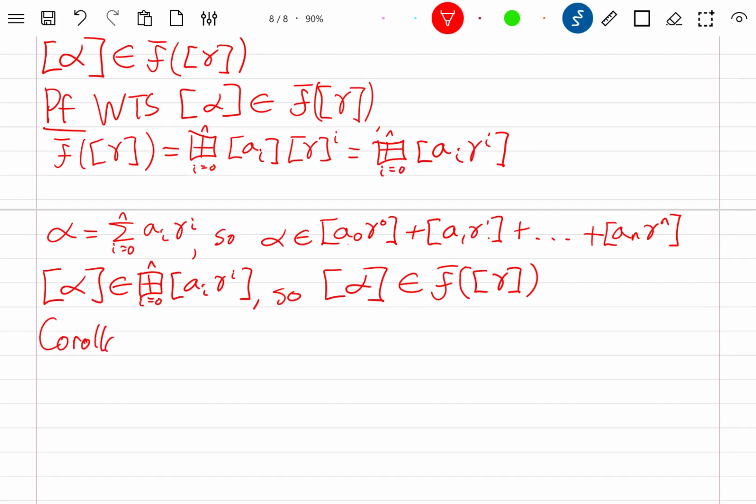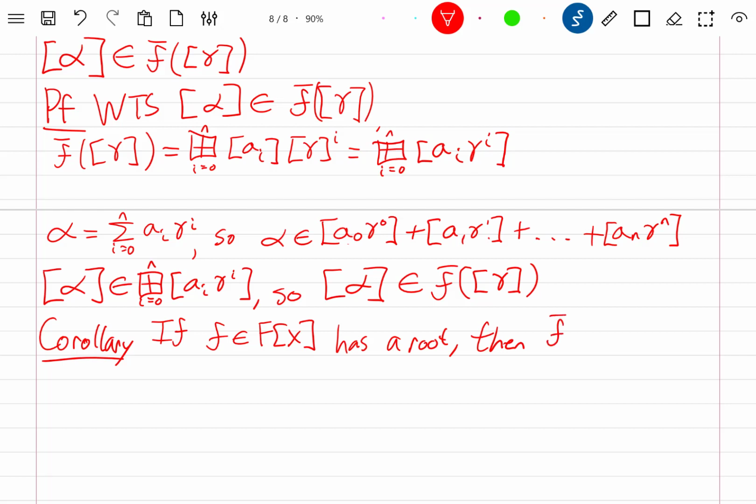And so a nice corollary to this is: if I take my polynomial in my field and it has a root, then the induced polynomial in the hyperfield sense must also have a root.